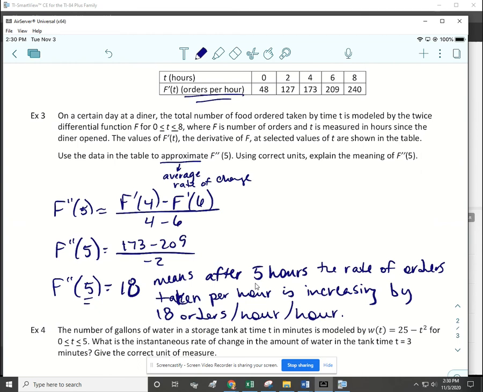Because we take orders per hour and divide it by another hour.